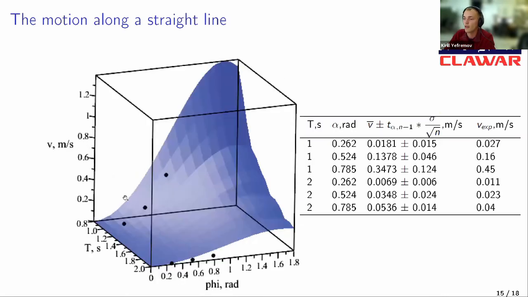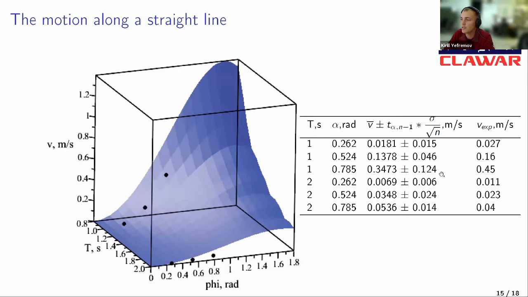And the second set of experiments is the dependence of the velocity of the roller racer on the period of motion and amplitude.